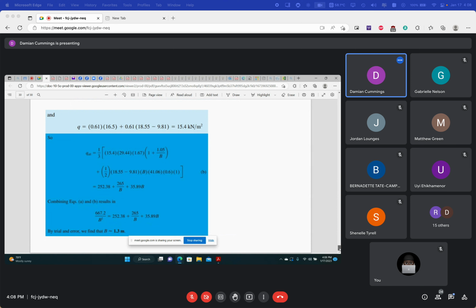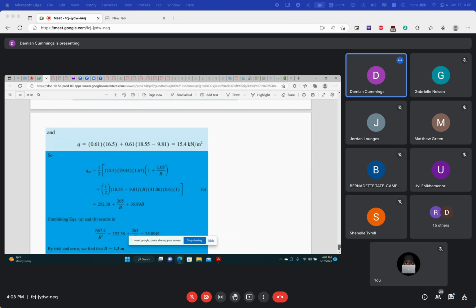Good. So it's D1 times unit weight plus D2 times the saturated unit weight minus the unit weight of water, and that gives us 15.4 kilonewtons per meter squared.